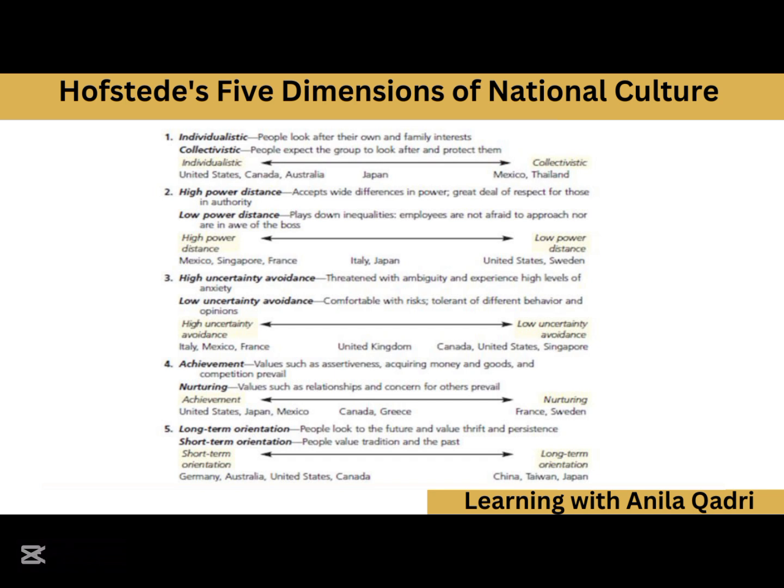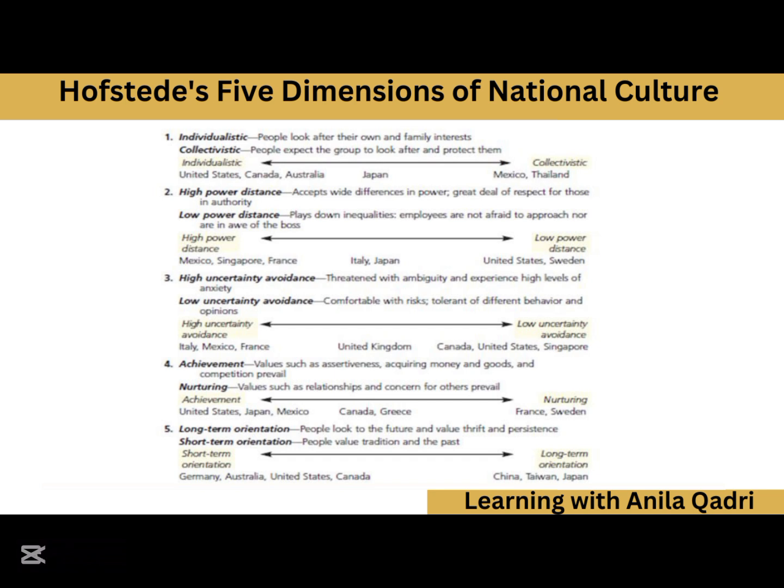High power distance: accepts wide differences in power, with a great deal of respect for those in authority. Low power distance: plays down inequalities. Employees are not afraid to approach, nor are they in awe of, the boss.